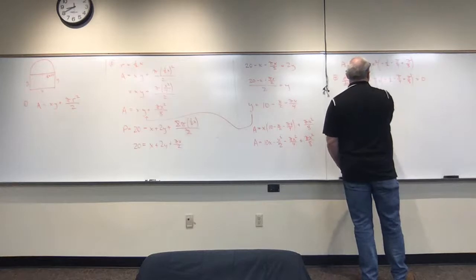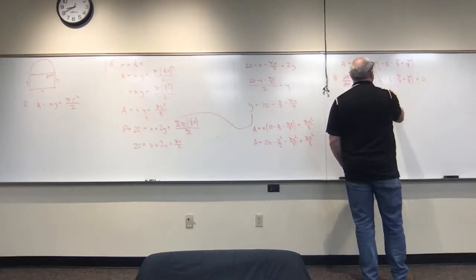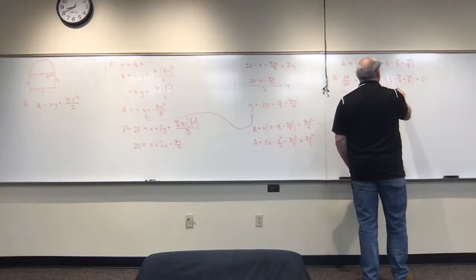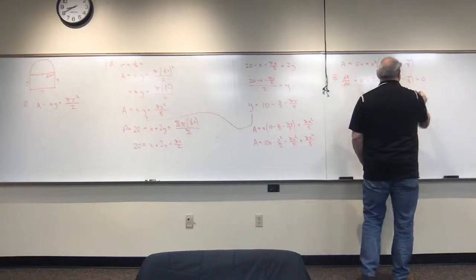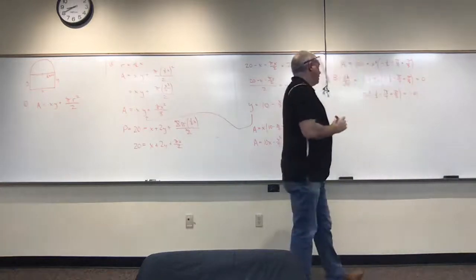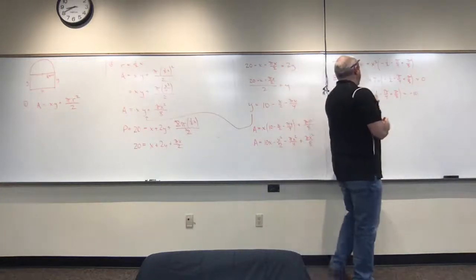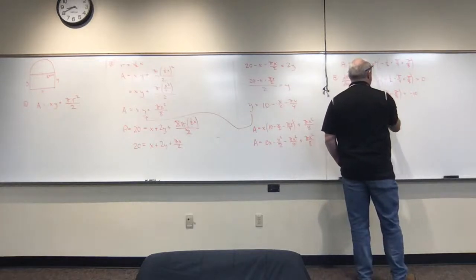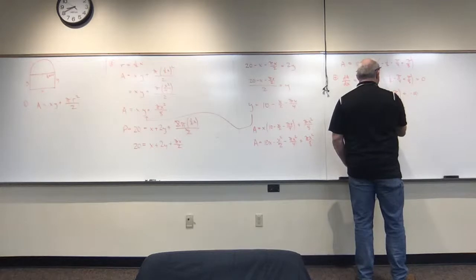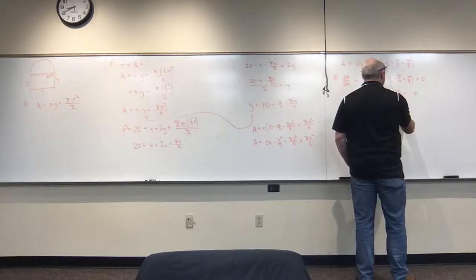And then we get 2x times (-1/2 minus pi over 4 plus pi over 8) is equal to -10. Now divide both sides by 2 times all of this stuff, and I get x is equal to -10 divided by 2 times (-1/2 minus pi over 4 plus pi over 8).